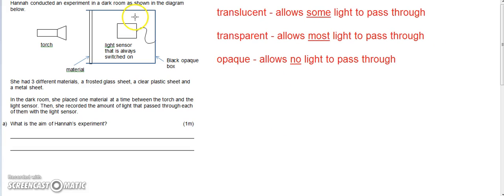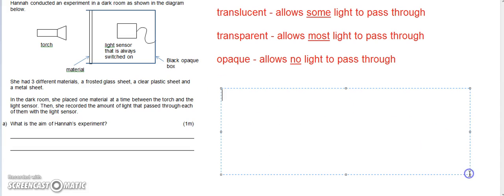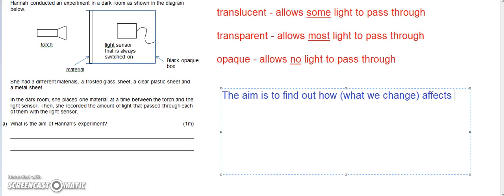Now the aim of a science experiment is always to investigate, or to see how, the aim is to find out how what we change affects what we measure.